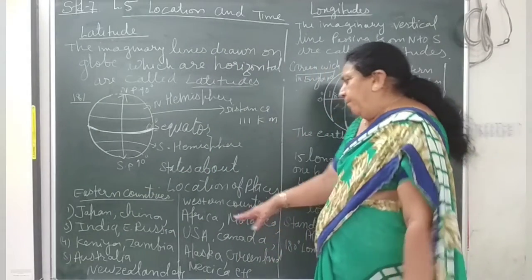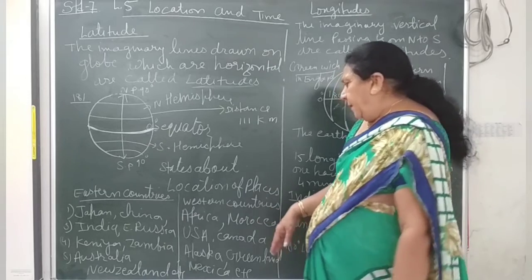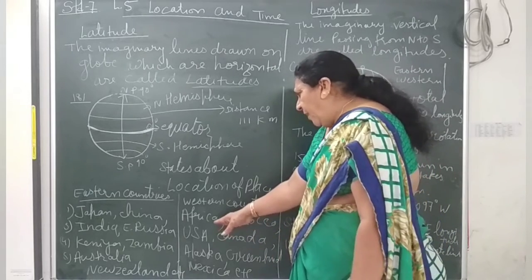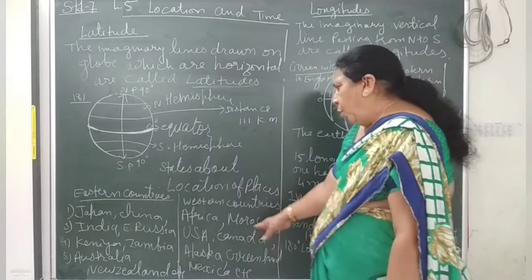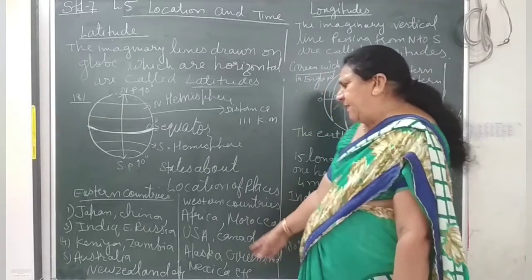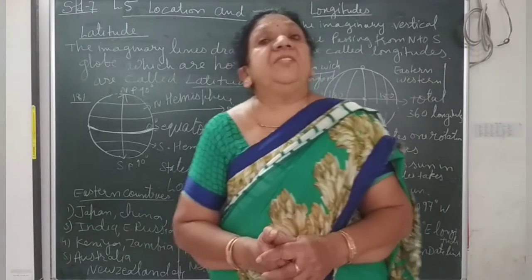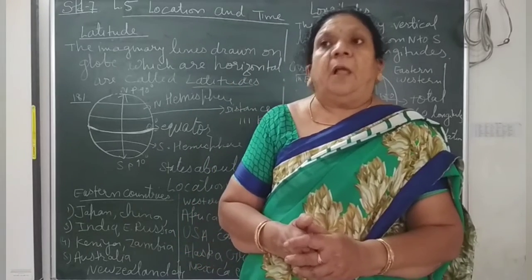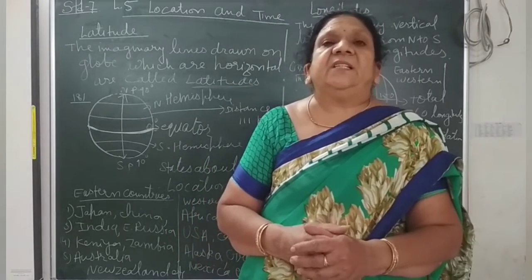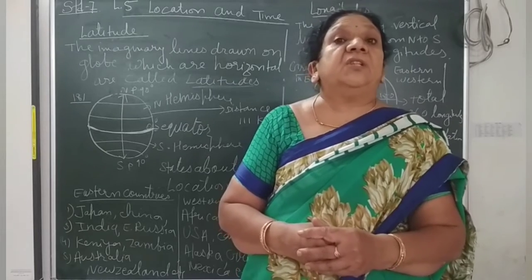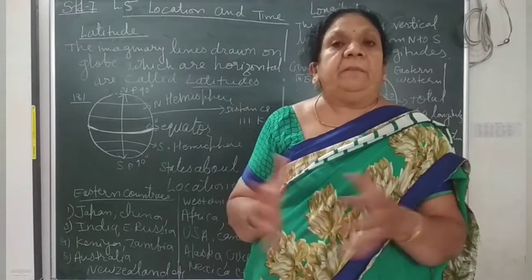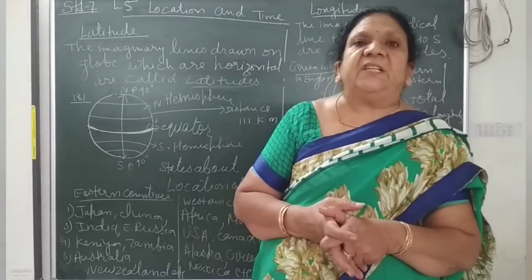Western countries include some parts of Africa, then Morocco, USA, Canada, Alaska, Mexico. These are the countries on the western side. We say western countries, western music, eastern music. We divide like this.